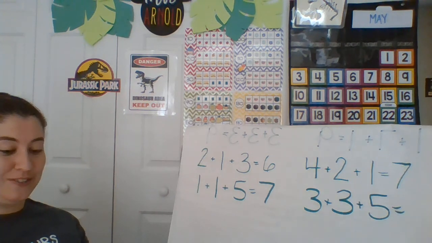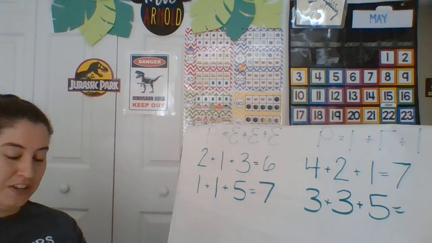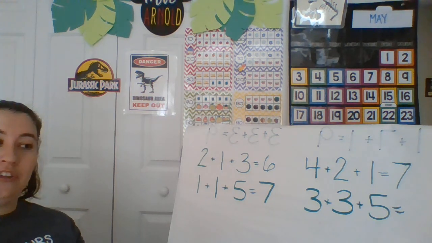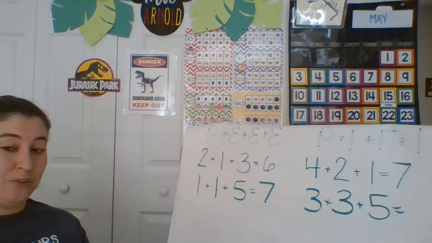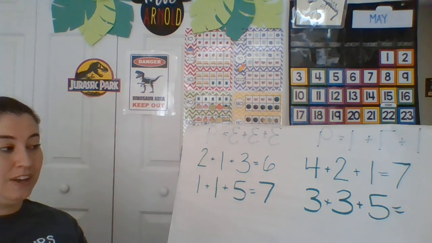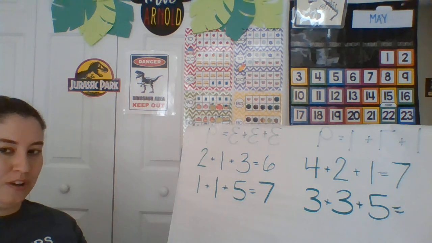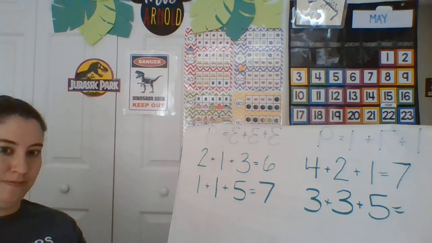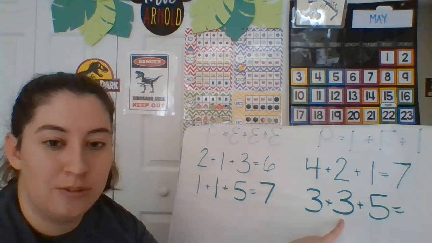There's a few different ways you could solve this. You could use blocks. You could draw a picture. You can use your fingers and then your brain when you run out of fingers. You can use a doubles fact to help you solve it. So Mrs. Arnold is going to use her fingers and her brain. Are you ready? She starts with 3 plus 3.